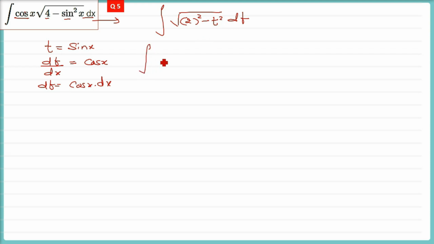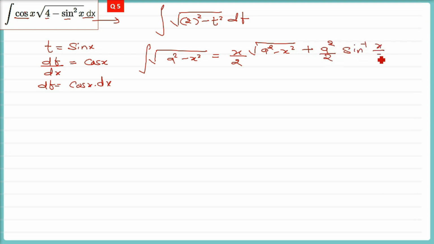And you already know this formula or this result. Under root a square minus x square is given by x by 2 under root of a square minus x square, then plus a square by 2 sine inverse x by a, plus a constant of integration.